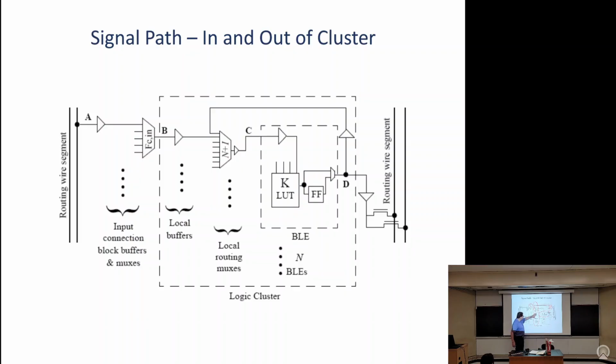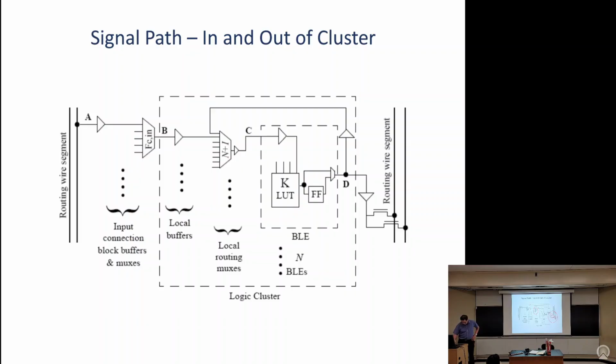So inside their paper, they're basically building these MUXes when they're estimating delay and area. As the cluster gets bigger, there'll be more of these MUXes, and they will get bigger. That will increase their area. Also, the delay of each one of these MUXes is going to increase. And these wires are going to get longer, so their delay is going to increase. If I have to go out of the cluster, I basically have a buffer, an output driver after my LUT or flip-flop, and I drive onto routing wires with these pass transistor switches.